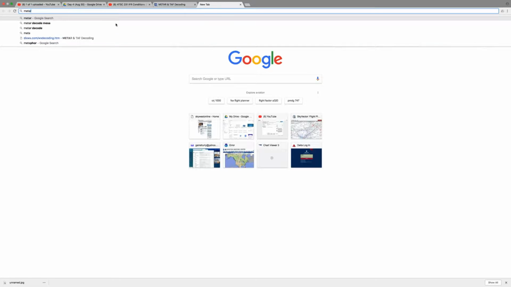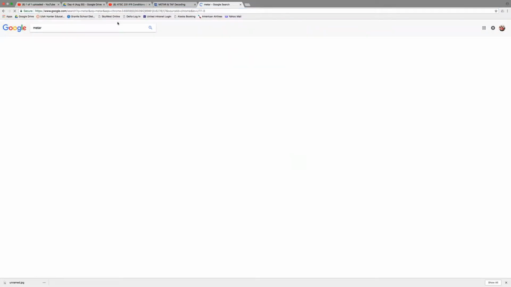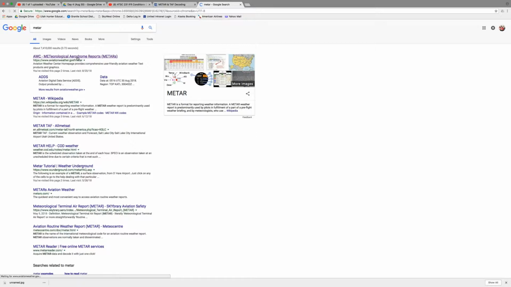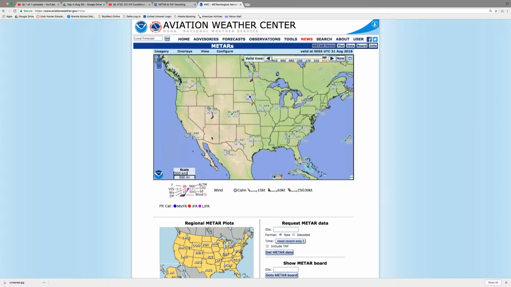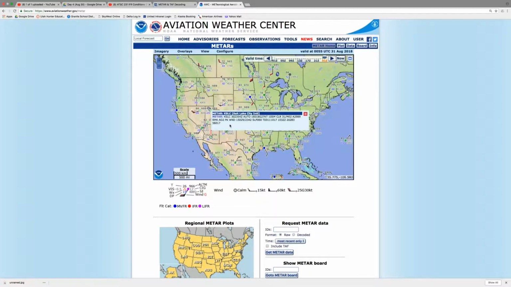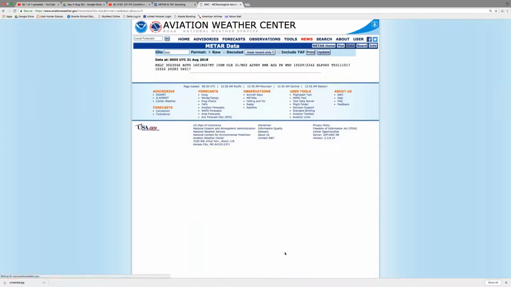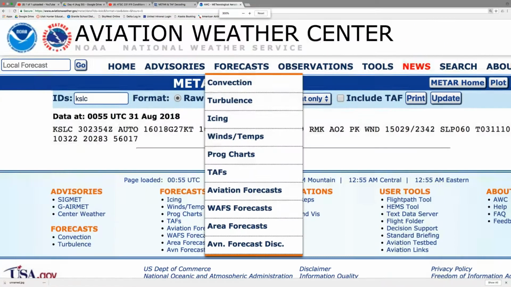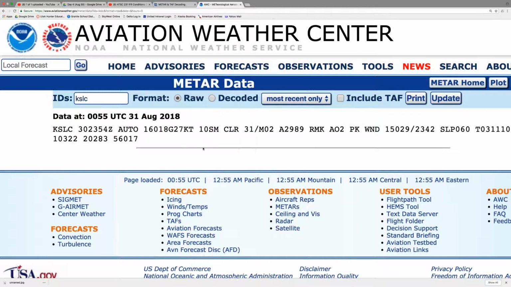So let's do Salt Lake City here. All right, so Salt Lake City METAR. Right here we have our temperature dew point spread.